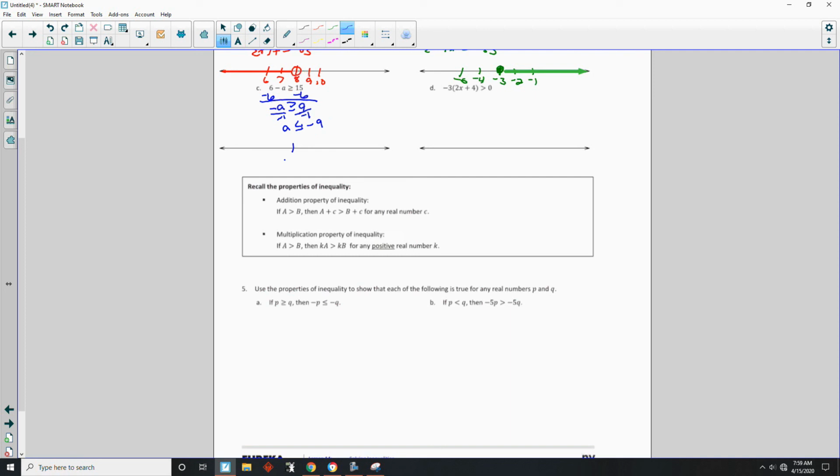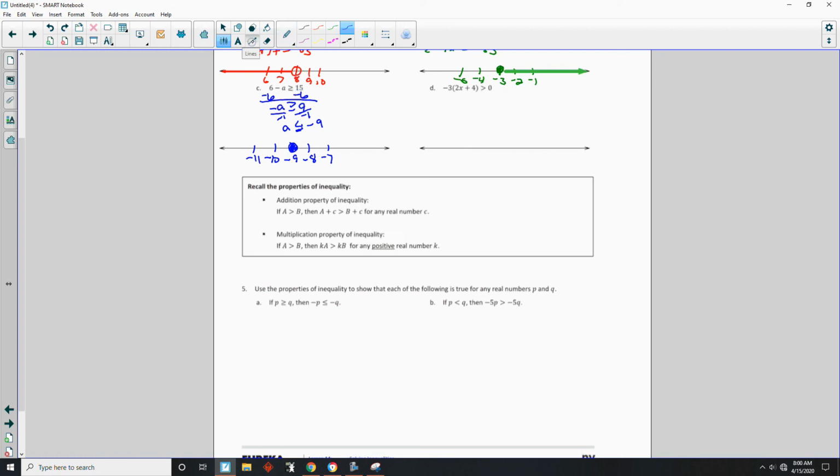Put a -9 in the middle. One to the right, another to the right, one to the left, another to the left. Circle, look at your equation, it's got an equal sign, fill it in. We're going to the left because it's a less than.